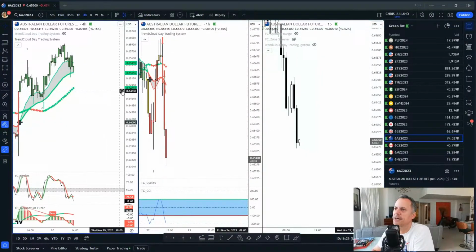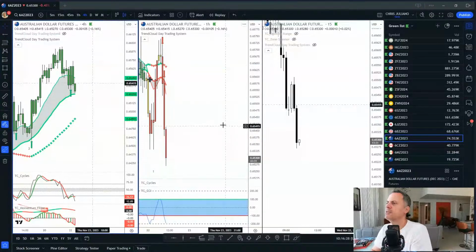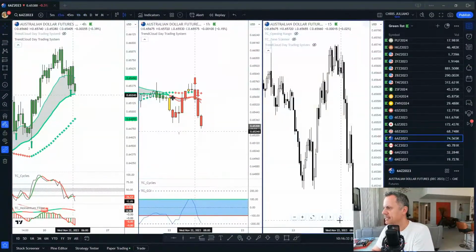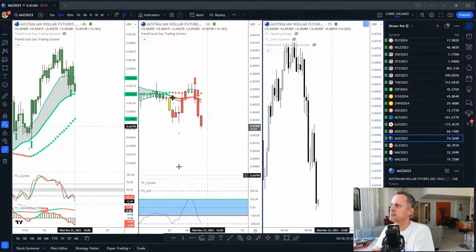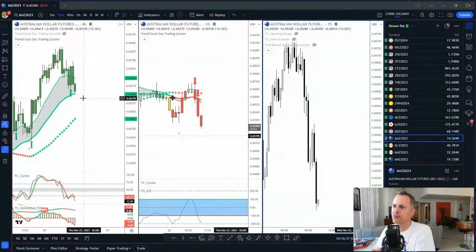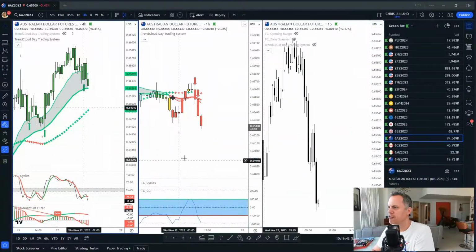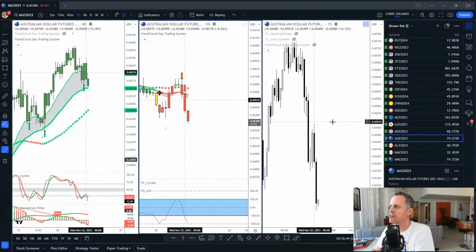All right, Australian dollar right here. Can we make some money on the Australian dollar today? Let's take a look. Uptrend on the 4-hour chart, cycling down, momentum is down. We seem to have the same situation on all the currencies here.